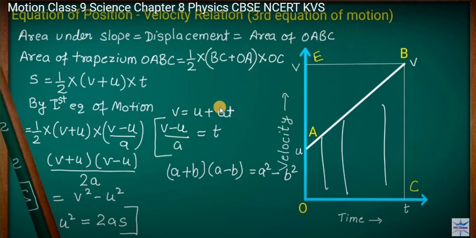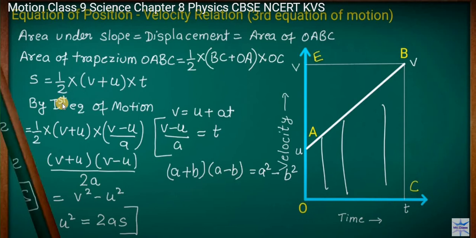By the first equation of motion, as we know, V is equal to U plus AT. Here we want the value of T. So T is equal to (V minus U) divided by A. We put this value of T in the formula.